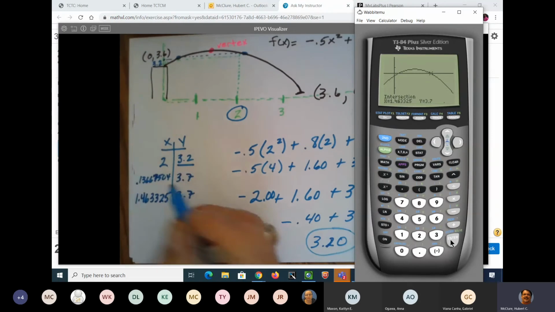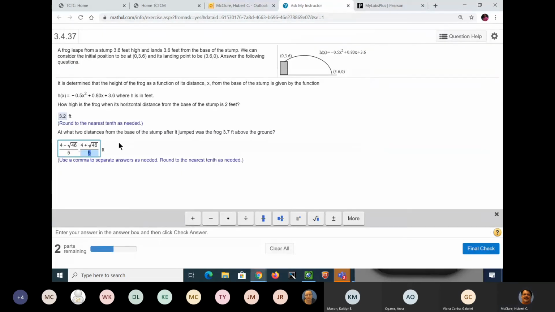And that's your answers there. Now, I don't know if they want a decimal, but I'm going to put a decimal. It says round to the nearest tenth, use commas. So 0.1, comma, 1.5.